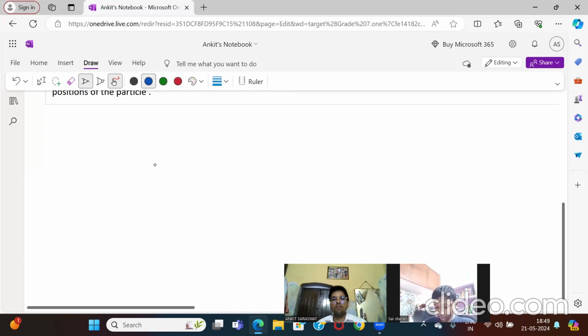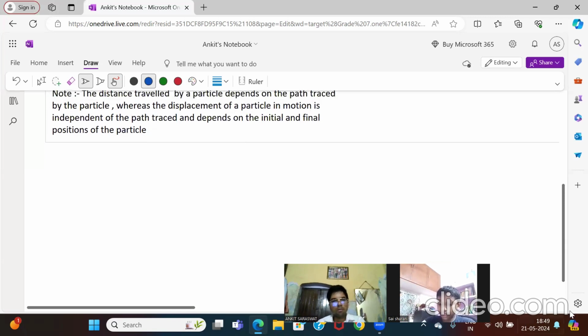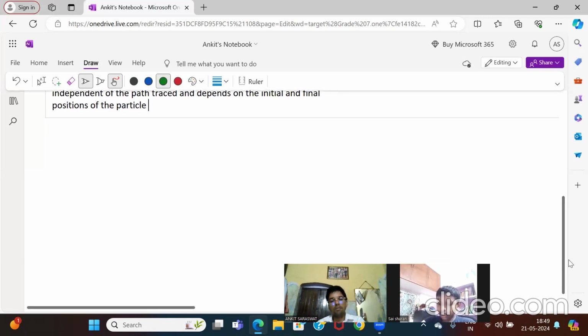Note: the distance traveled by a particle depends on the path traced, whereas the displacement of a particle in motion is independent of the path traced and depends on the initial and final position of the particle.